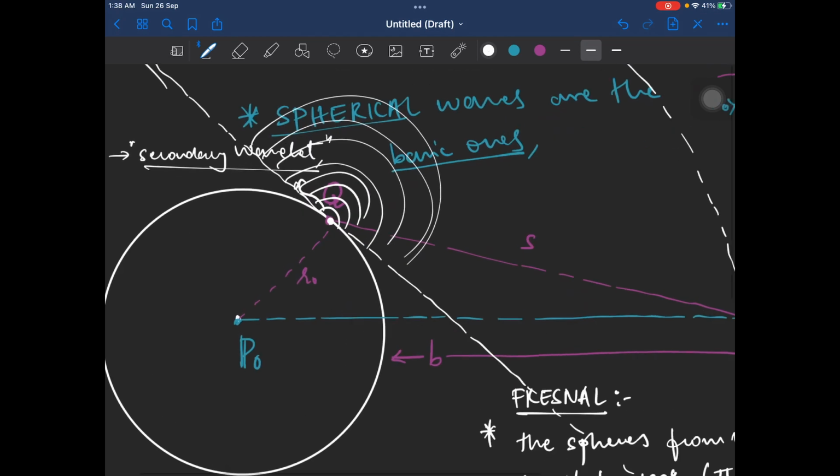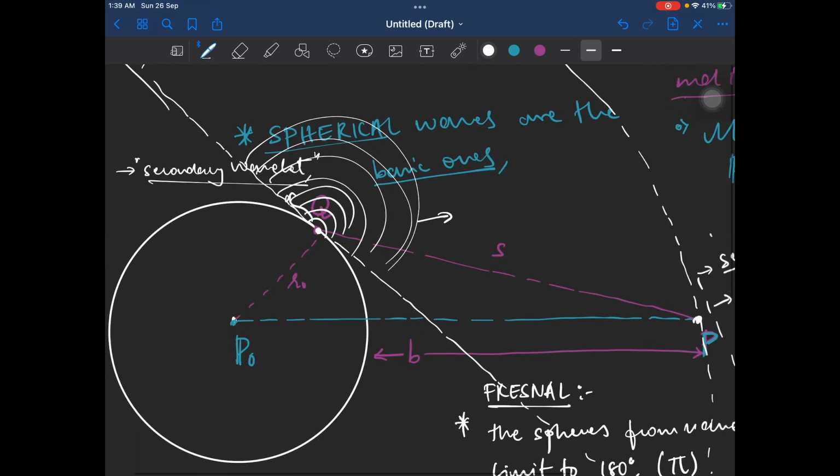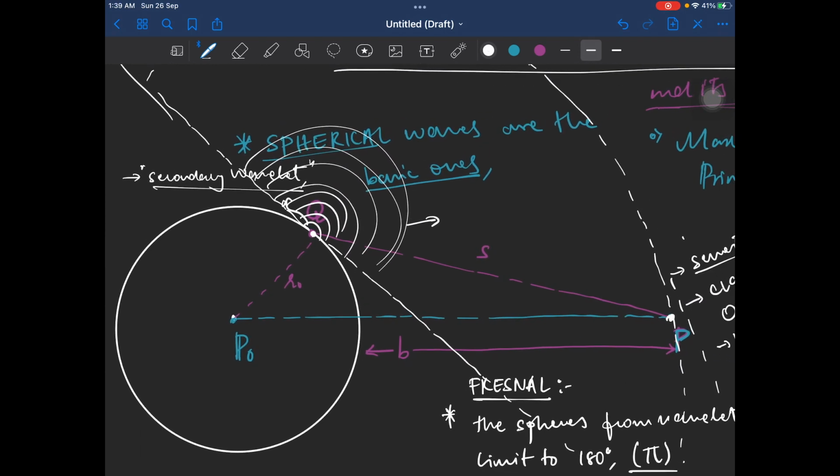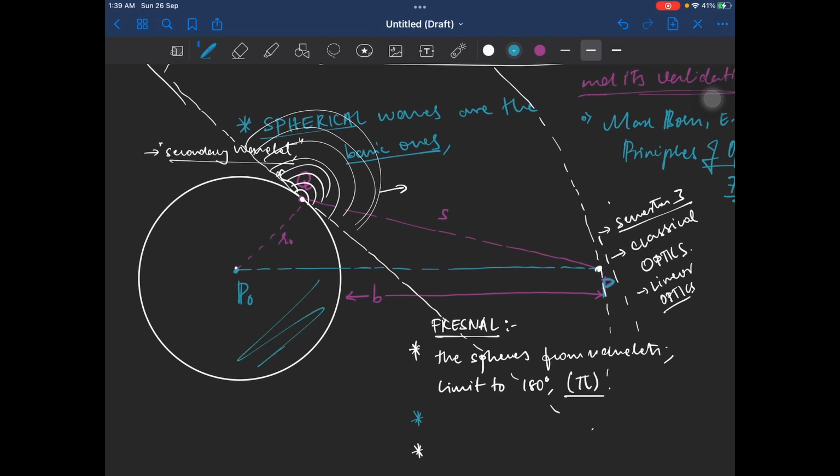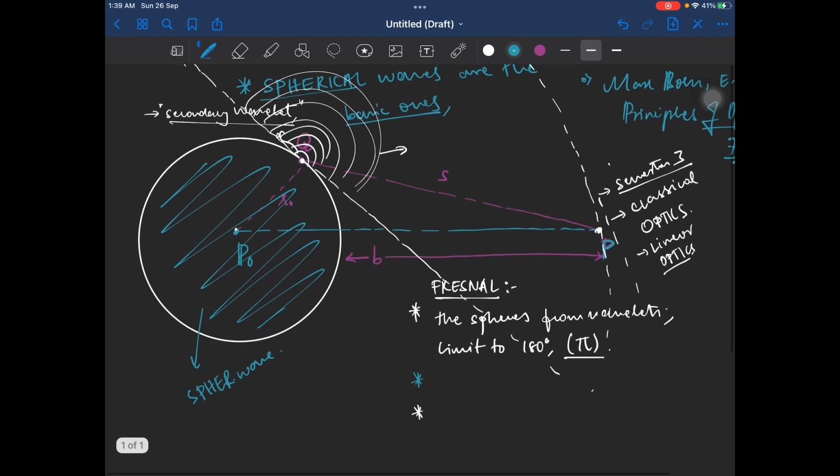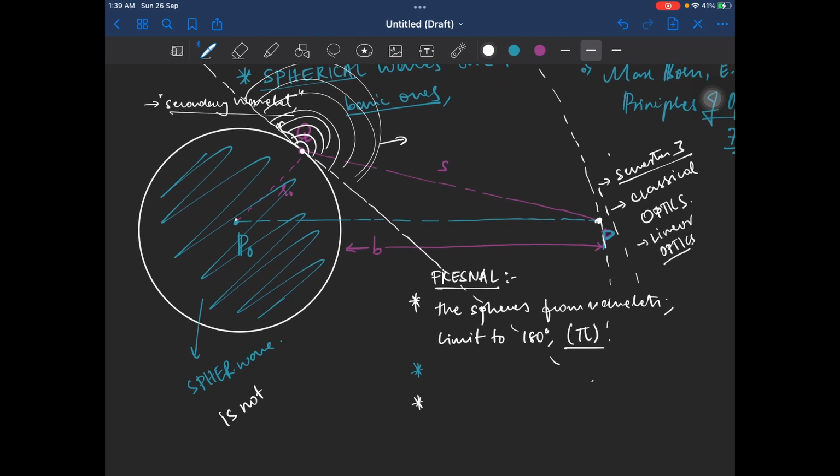So we can immediately see that not all regions of this spherical wave are going to contribute to the field at E. Okay, why is it?